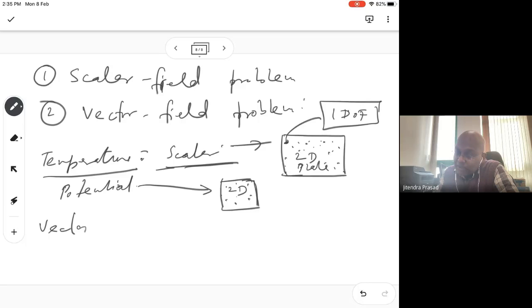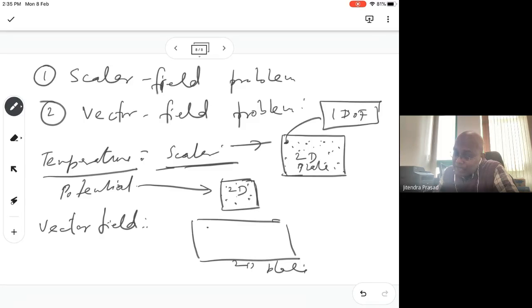Now a vector field is where you have a vector as the dependent variable. Let us say we have a 2D plate, and the example will be displacement. This point can go this way and this way also, so two directions. Newton's law talks about direction: the summation of forces will be 0 in this direction, in this direction, and also in the z direction.